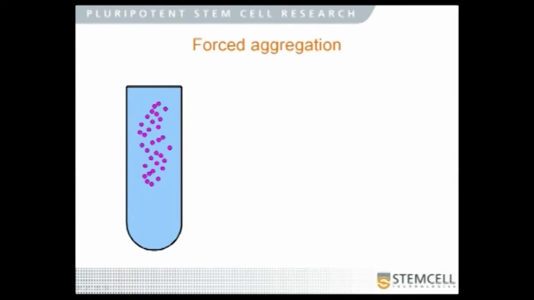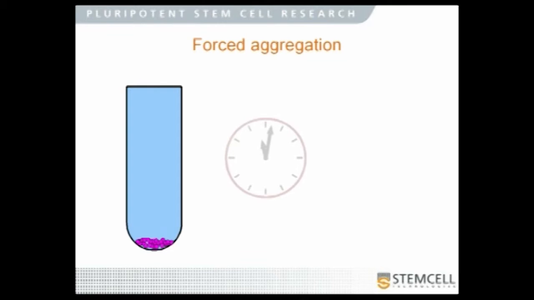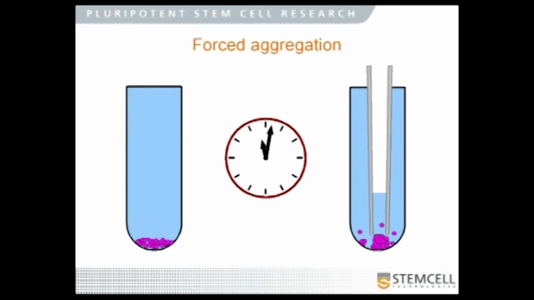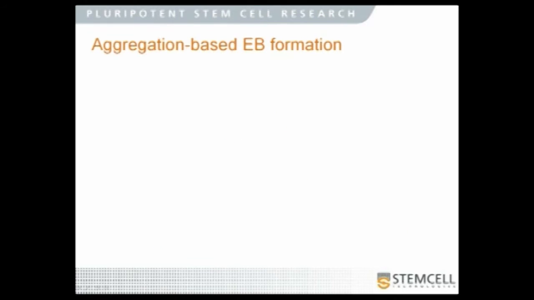So in order to get around this, I looked at forced aggregation protocols. So these are protocols where you start with a single cell suspension of, in this case, ES cells, pellet them either centrifugally or just by allowing them to settle, allow them to incubate, and they will form one, or depending on your geometry and the number of cells present, sometimes more coherent aggregates, which can then be extracted. Forced aggregation is a process that's been widely used in the literature.